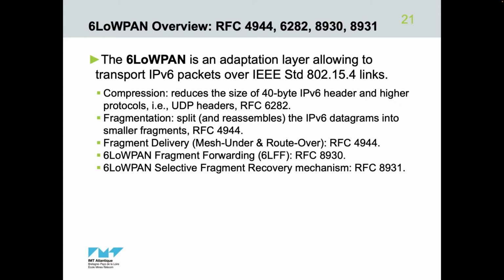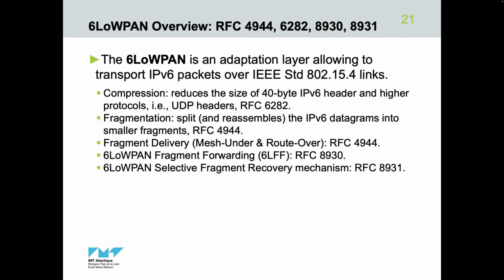So we don't need to do the reassembly and then the fragmentation of the IPv6 packets before forwarding to the next hop. Here, each fragment that is received will be directly forwarded to the next hop. That's the concept of 6LFF, and it is defined in RFC 8930.